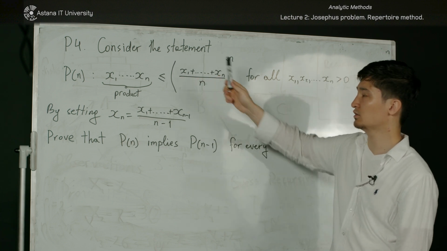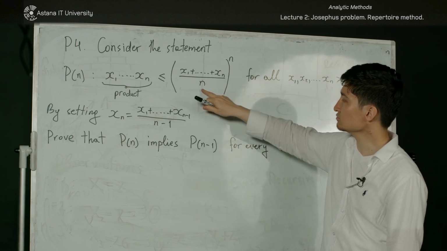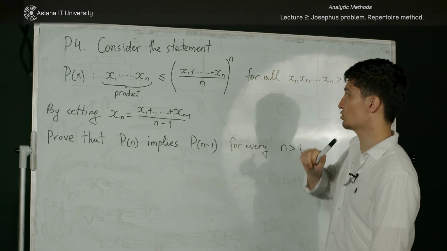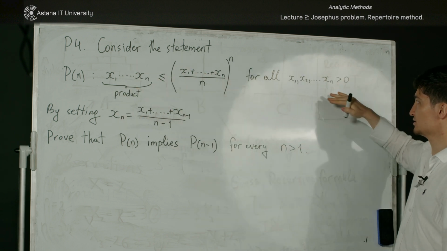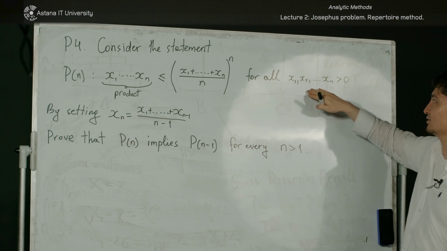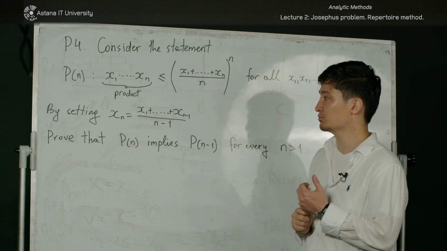What does it mean? It means that this is the average value of x, raised to the power of n. So this is the statement. And it says that this is true for all x's that are positive.